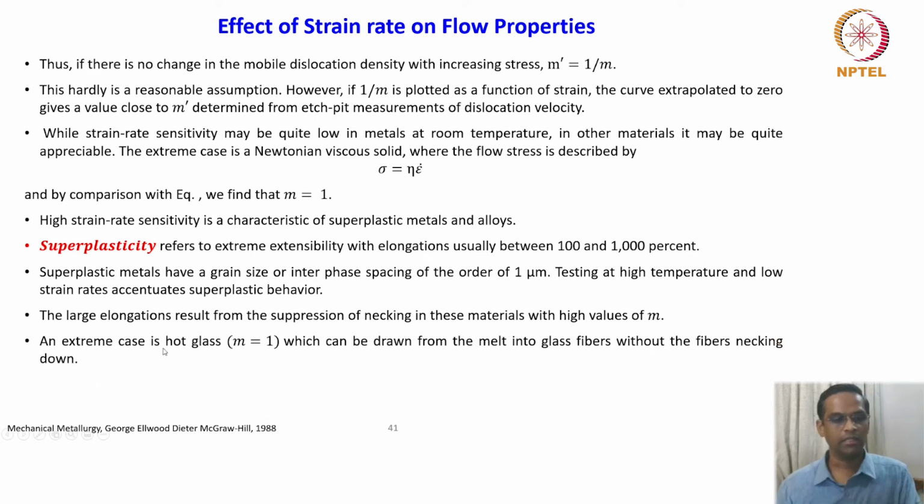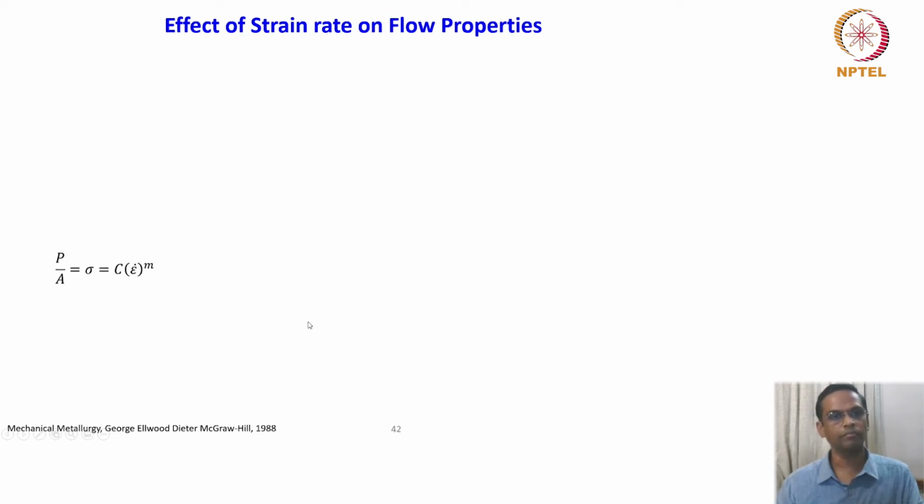An extreme case is hot glass, where M is equal to 1, which is almost like a viscous solid, which can be drawn from the melt into glass fibers without the fibers breaking down. So this is one classical example where we can see the strain rate sensitivity is very high. Now we'll try to relate that with some basic equations.